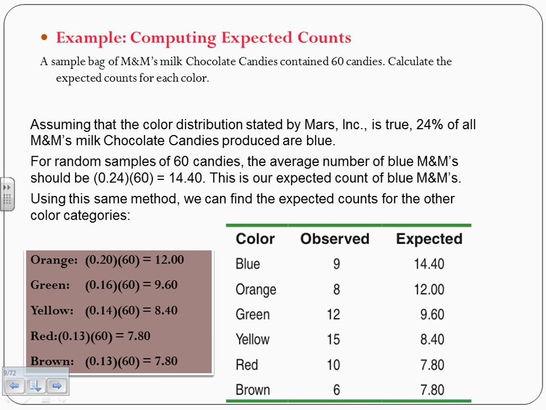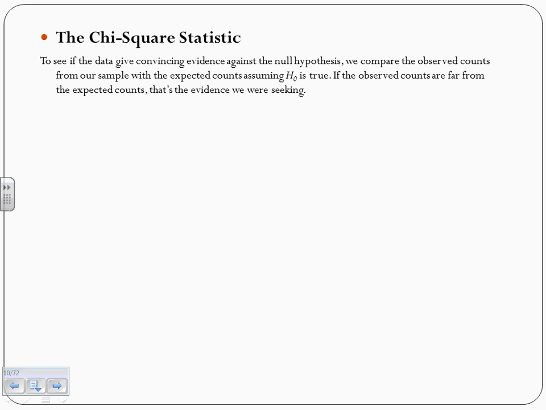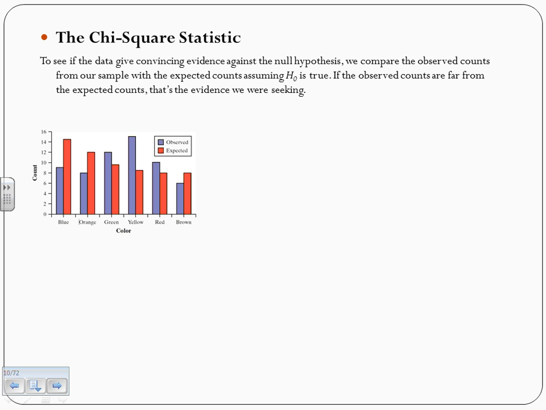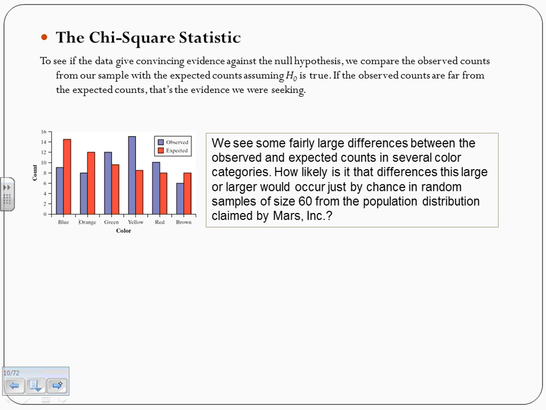So here I can see in the colors, we have our expected counts versus our observed counts. So we have this table going on. It's kind of like two different lists, basically. And here's just a graph of it.